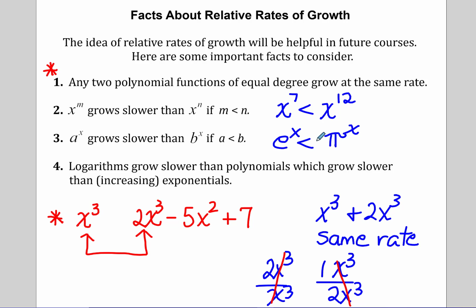So 2.7 grows slower than 3.14 to any exponential power. The same thing with 2 to the x is going to grow slower than 7 to the x, right?